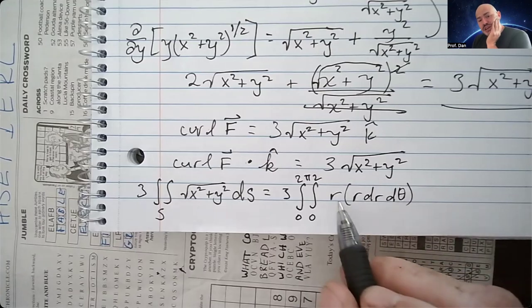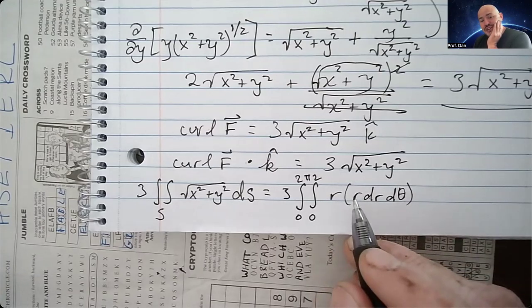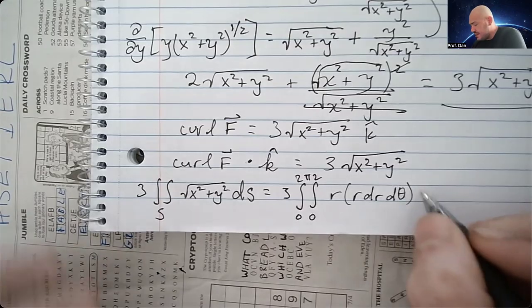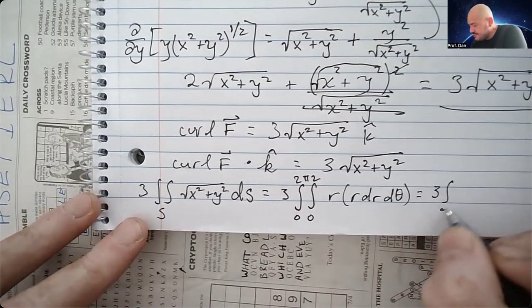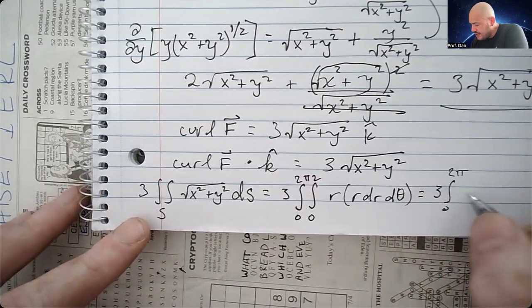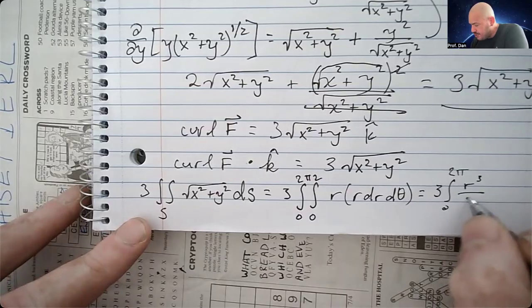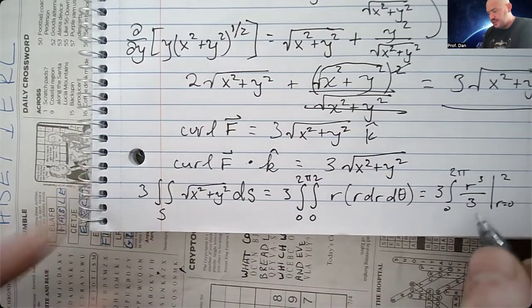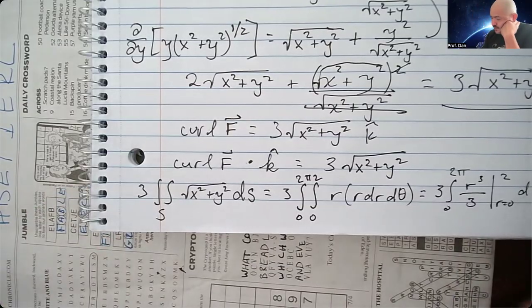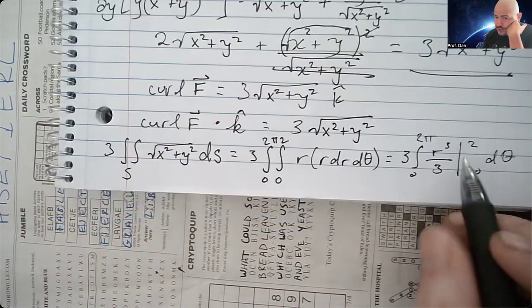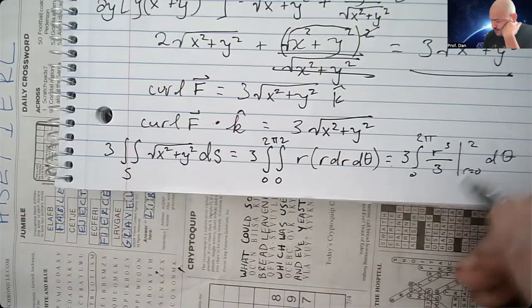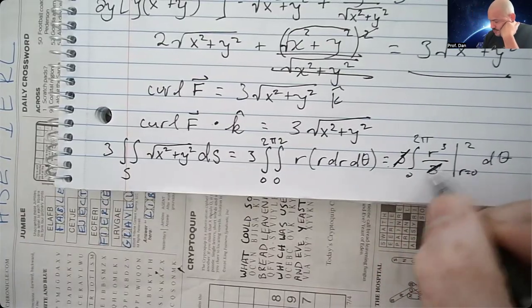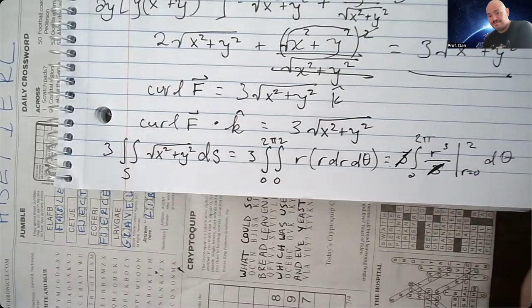So if I multiply R times R, I get R squared. Now, if I take the integral of that, I end up getting R to the third over 3, which will evaluate from R equals 0 to 2. Notice that we can also pull the over 3 out front and make it so that these are basically just 1.